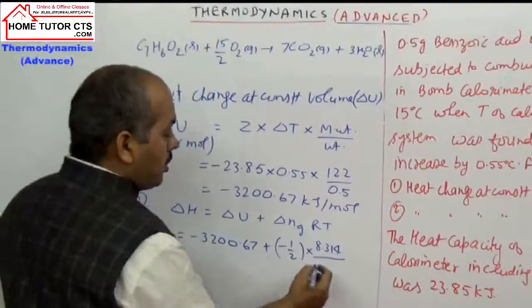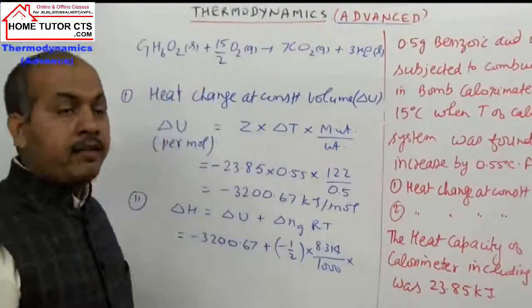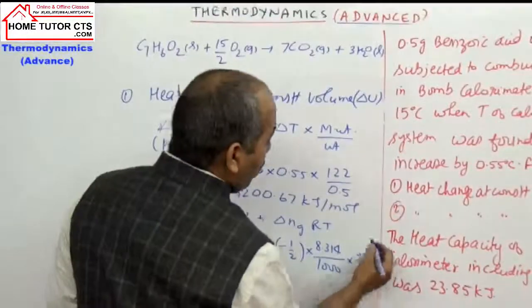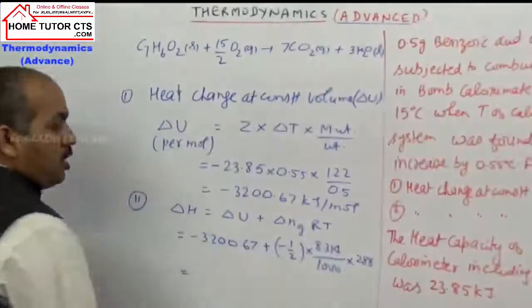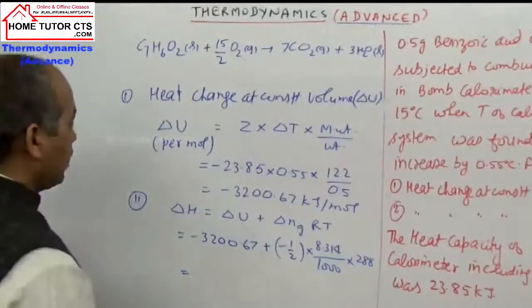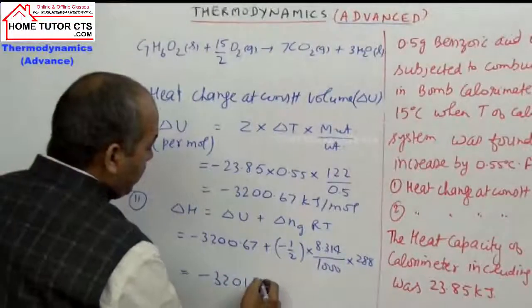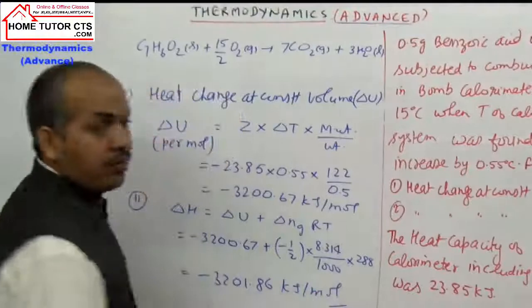This is in joules, so to make it kilojoule, divide by 1000. And we take the temperature in Kelvin scale: given 15 degrees Celsius, that is 288. On solving, this is again a negative value added up, and the answer will be minus 3201.86 kilojoule per mole for this question.